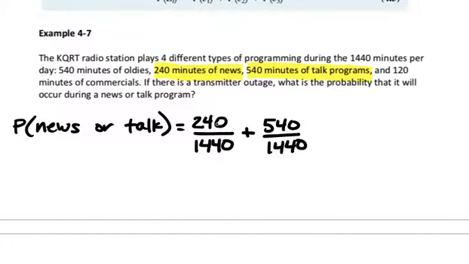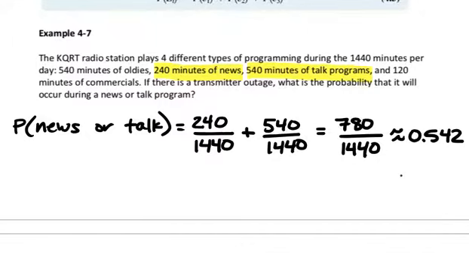Now the textbook shows calculating each of these probabilities first and then adding the decimals together. I can also add the fractions, remembering that when I add fractions, I add the numerators and the denominator stays the same. So this is 780 divided by 1,440. And if I divide that, I find that it's approximately 0.542. So about a 54% chance that an outage would occur during a news or talk program.